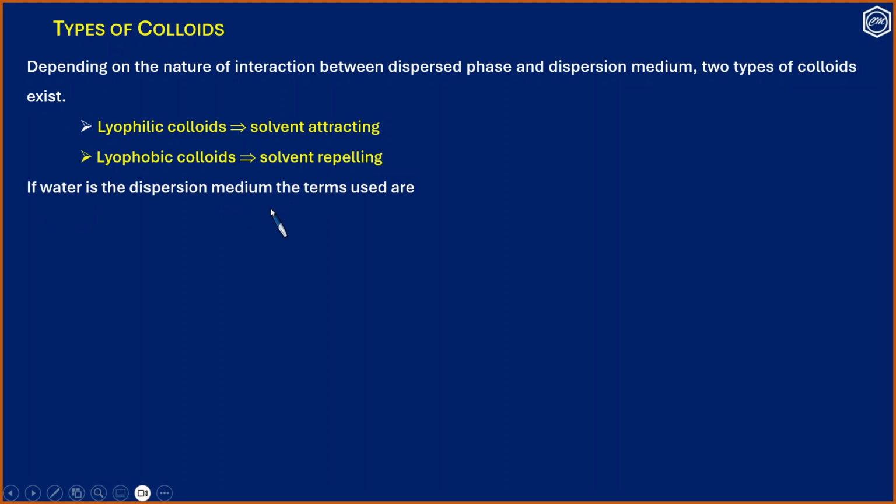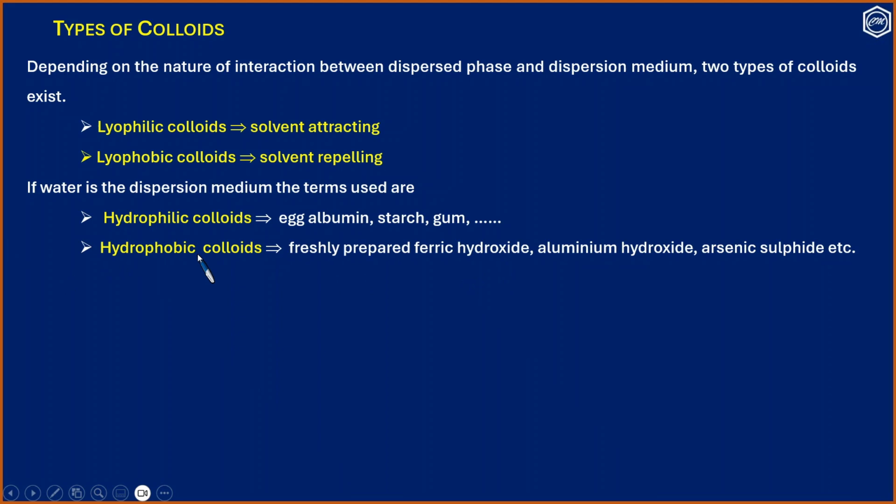If water is the dispersion medium, the terms used are hydrophilic colloids, for example egg albumin, starch, gum, etc., and hydrophobic colloids, for example freshly prepared ferric hydroxide, aluminum hydroxide, arsenic sulphide, etc.